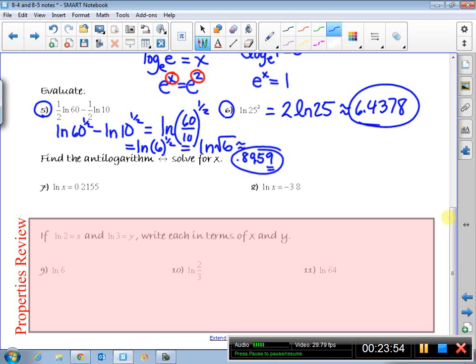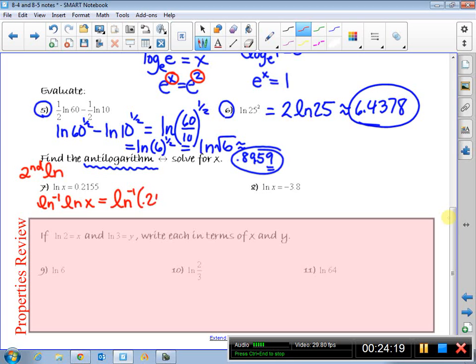All right, the anti-logarithm. So if we're doing natural logarithms, you can hit second ln to get the anti-logarithm for an ln. So second ln gives me ln inverse. ln of x equals ln inverse of 0.2155.